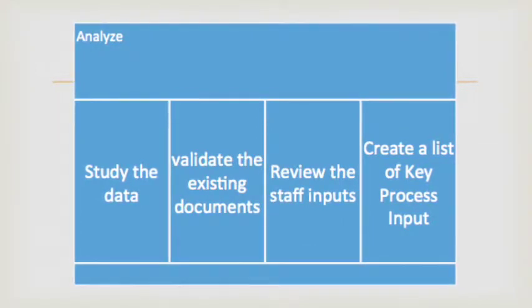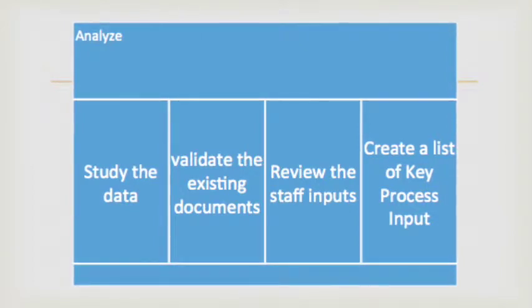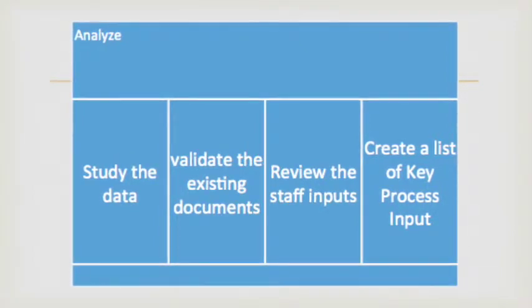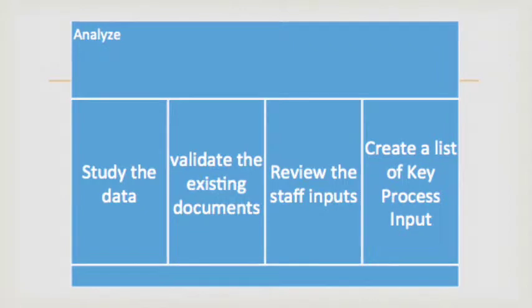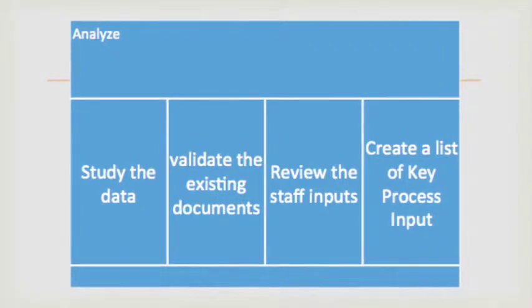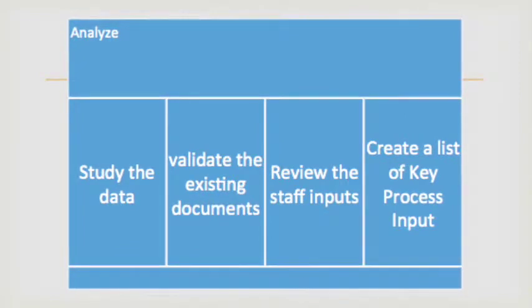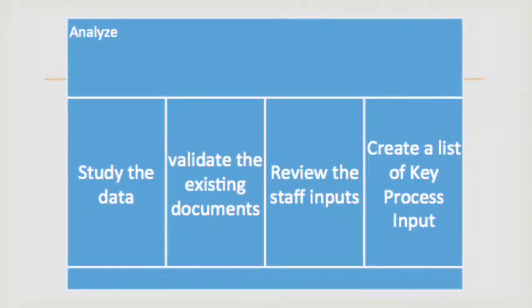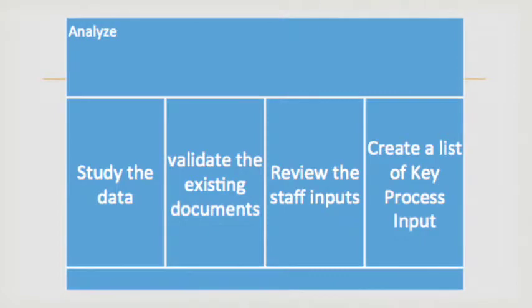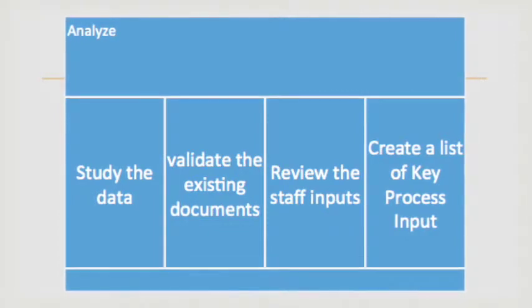The first category is to study the data, based on possible grouping. The second category is to validate the existing documents and historical data. This is also based on reasonable grouping.